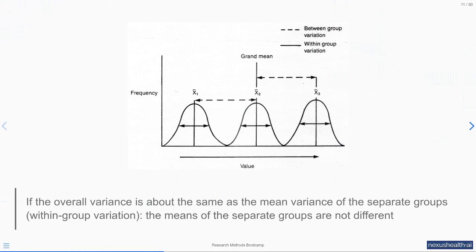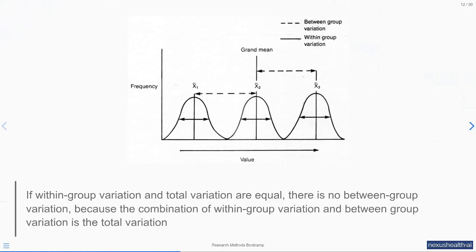Within each group, you have your within group variation, and between the groups, we have what is known as the between group variation. If the within group variation and the total variation are equal, there is no between group variation, because the combination of within group and between group is the total variation.